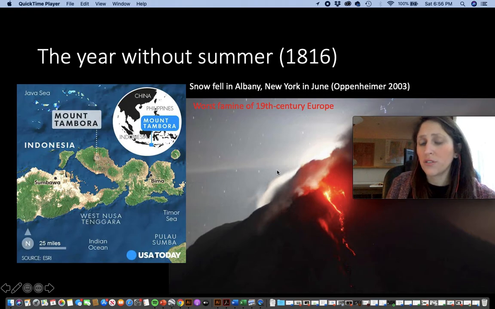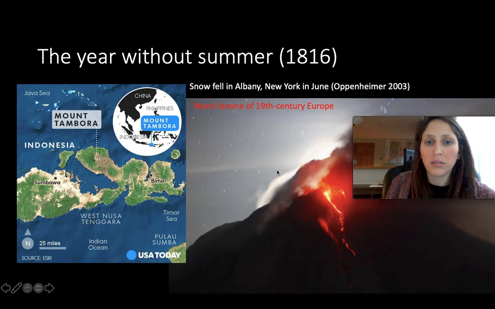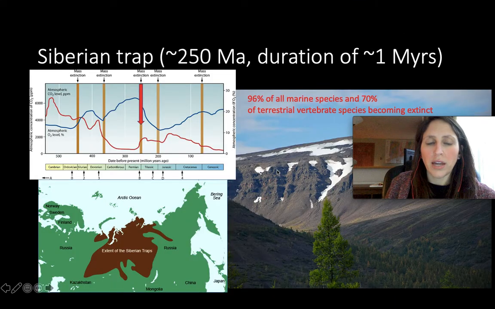It was the worst famine of the 19th century, and snow fell in Albany in June. Okay, so this directly impacted climate in 1815 because of this very violent volcanic explosion, inputting all of this ash into the atmosphere and starting this global cooling.